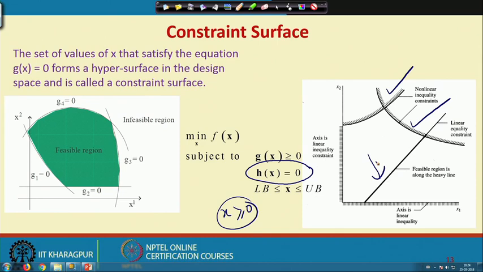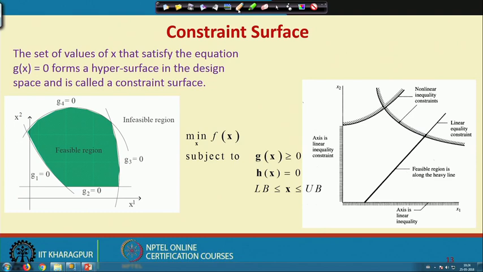the optimal decision variables or the optimal solution will lie in the feasible region. If there was no equality constraint, but there was only say another inequality constraint like this, this is your feasible region.